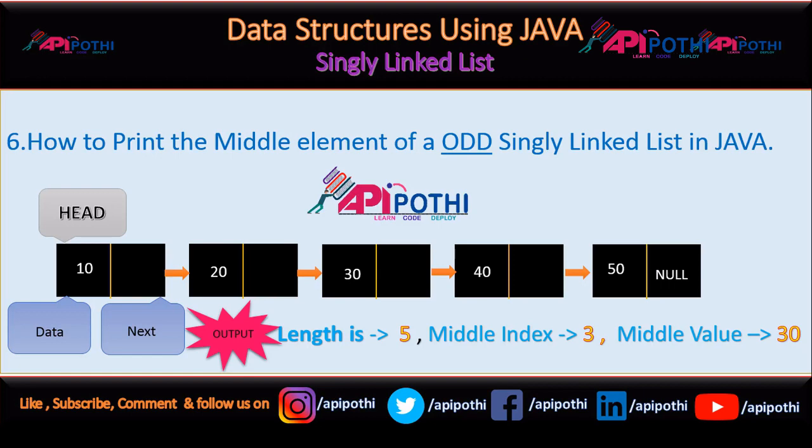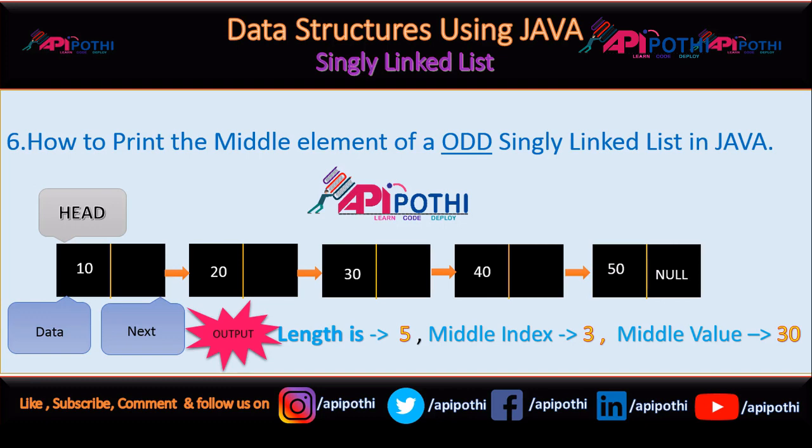So in this video, today we are going to understand how to find the middle element of an odd singly linked list. Okay, so our task is to find the middle element of an odd singly linked list. Now the question is, what do we mean by an odd singly linked list? It's just the even and odd concept.